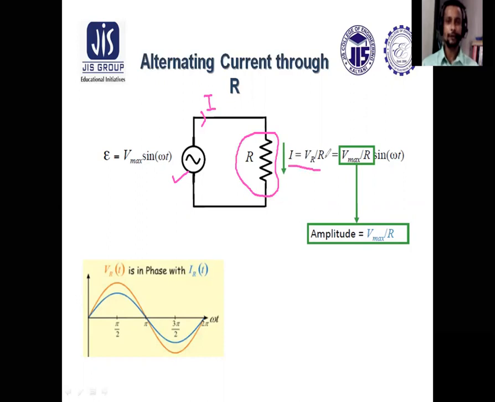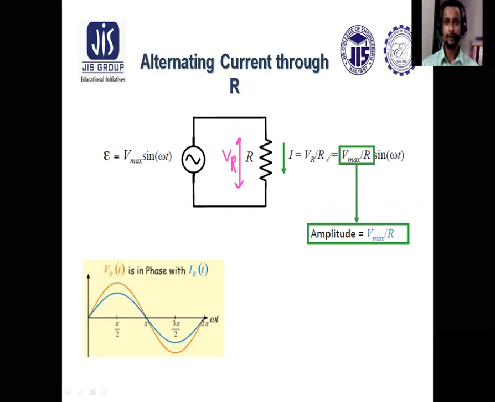I equals VR by R, where VR is the voltage across this resistor, and I is the current. So we can relate I and VR by this formula using Ohm's law.